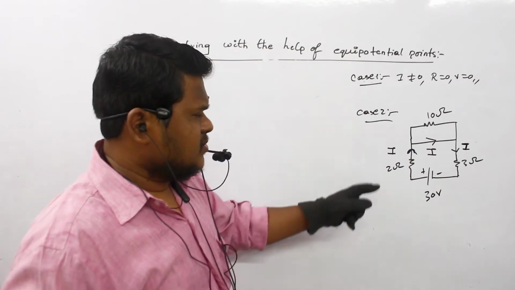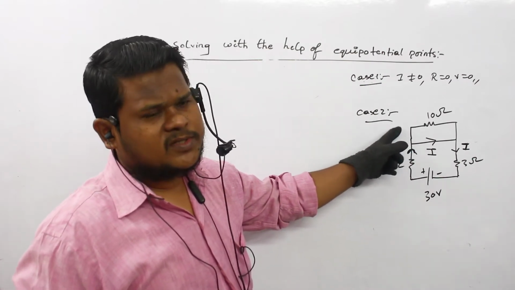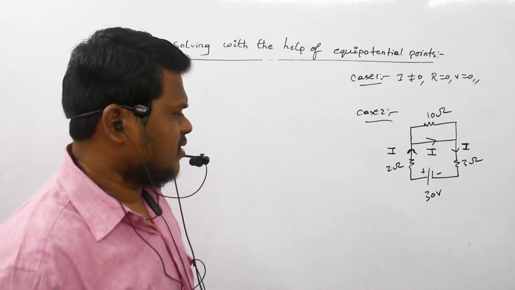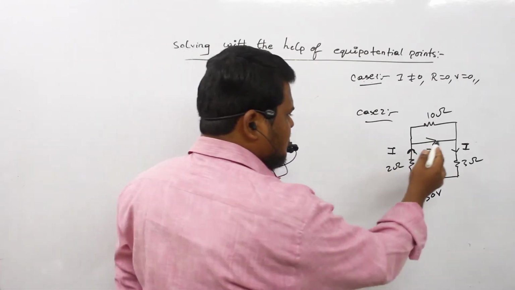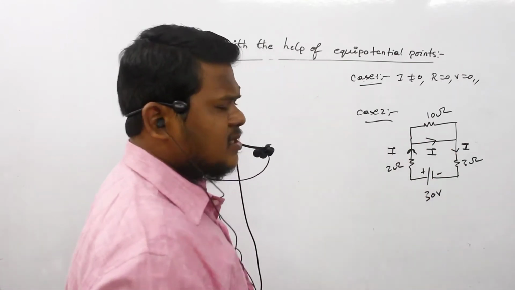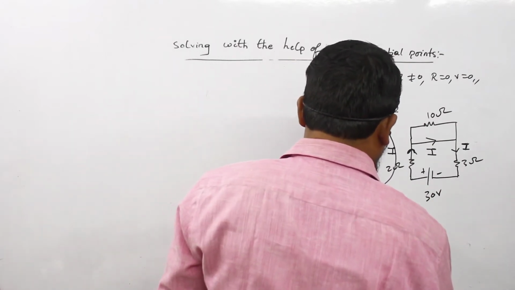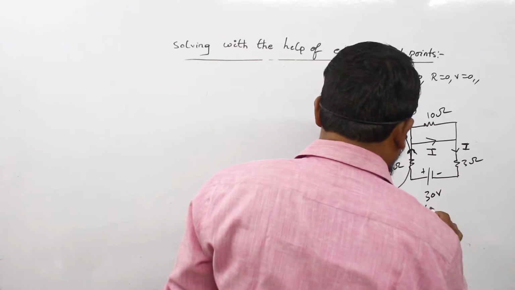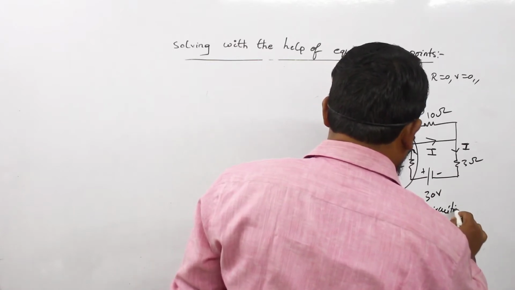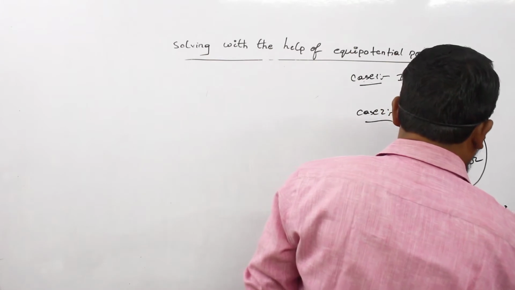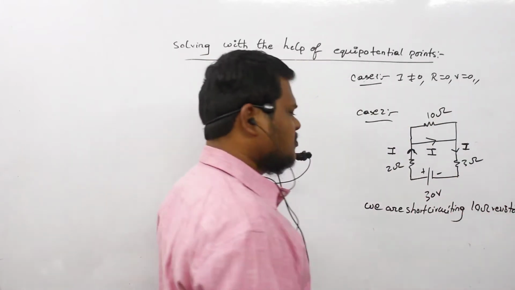So what is happening to this 10 ohms resistor? There is absolutely no use of this 10 ohms resistor. What is this method called? This is called short circuiting. We are short circuiting the 10 ohms resistor.